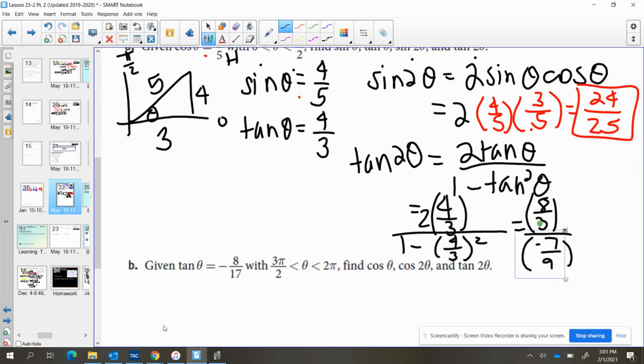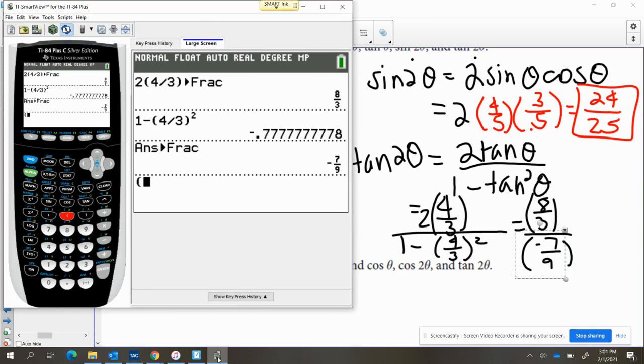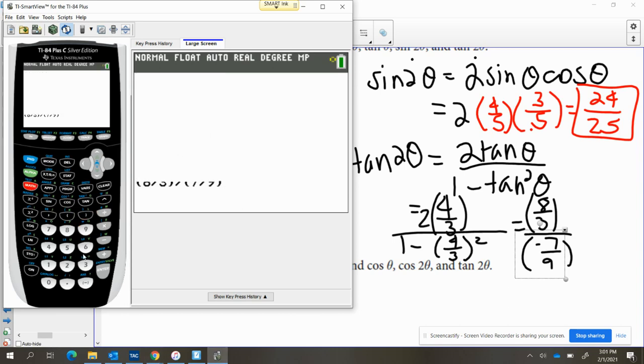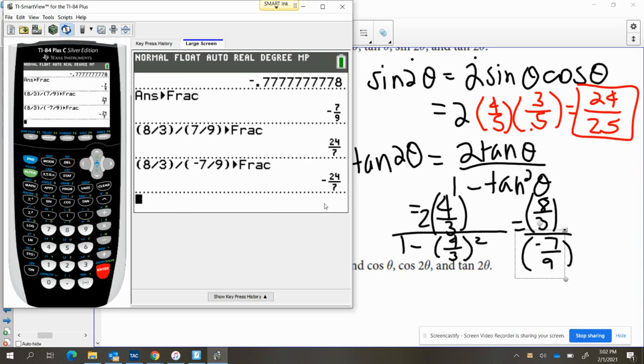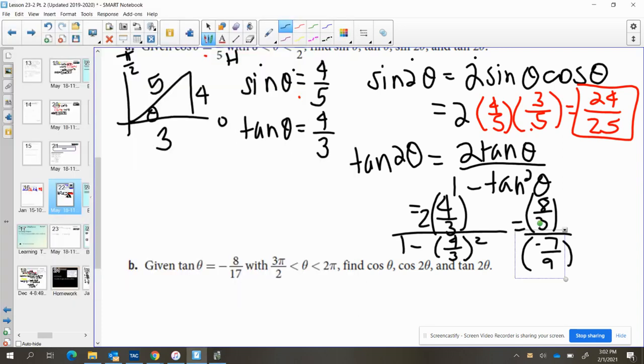And then finally, we can take 8/3 divided by 7/9 to get our rational answer of 24/7. Oops, I forgot the negative in here. So that should be a negative value as well. Negative 7 over 9. Or negative 24 over 7.